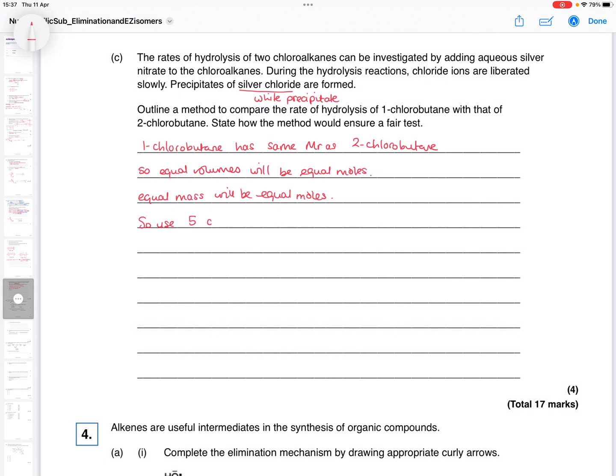So you use 5 drops, for example, of each halogenoalkane. Okay, so same number of drops. So that's point number 1. In addition to that, point number 2, we're going to use the same volume and concentration of silver nitrate.